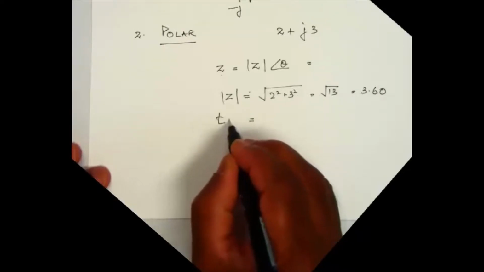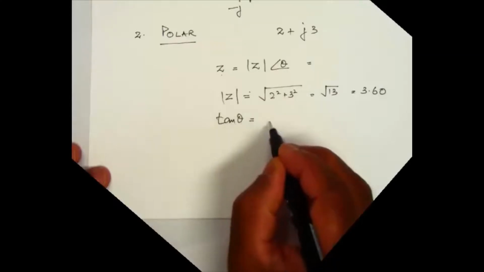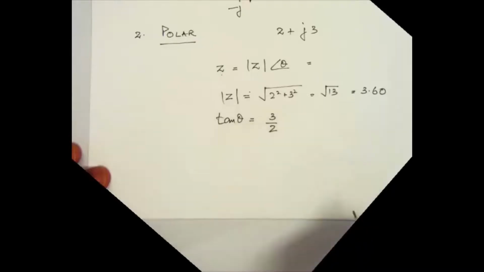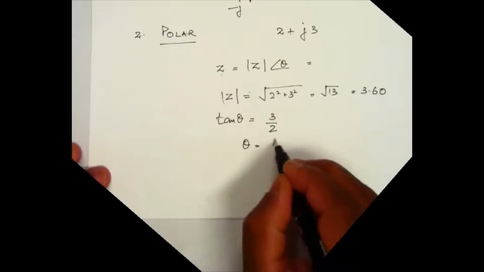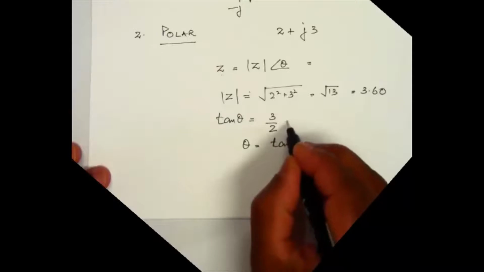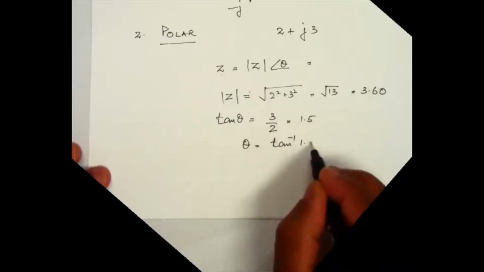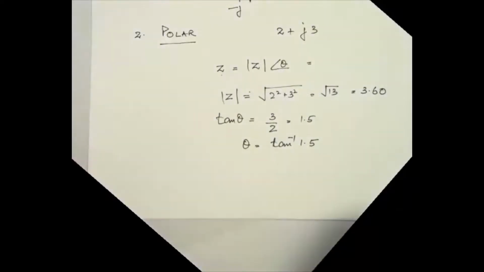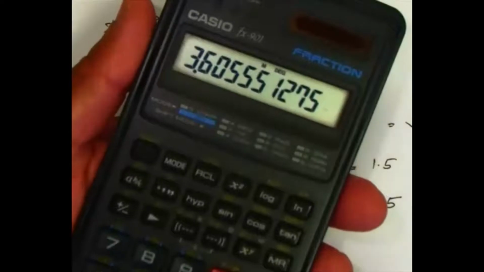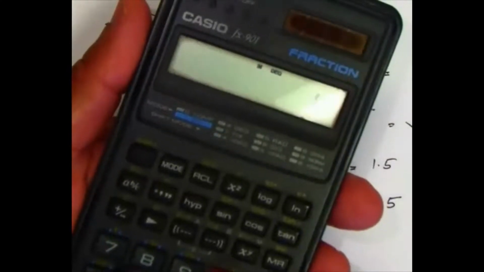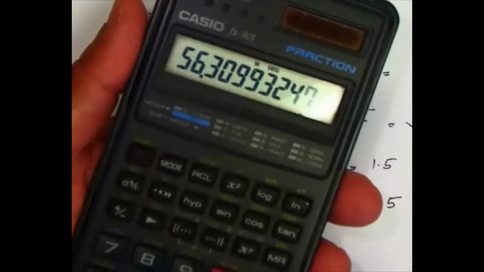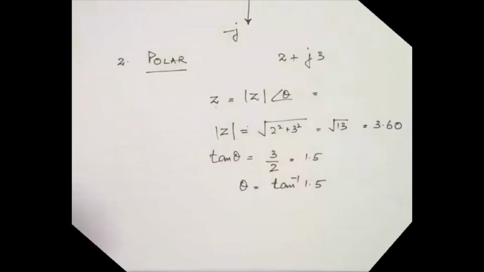So, tan theta is equal to 3 over 2, and theta is equal to tan inverse 1.5. So let's find what tan inverse 1.5 is. So that's 1.5 shift tan, so that gives 56.3 degrees.